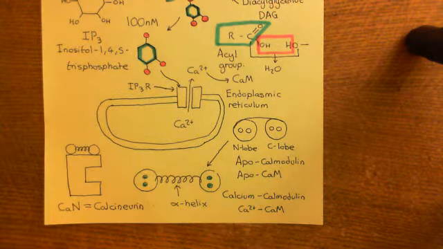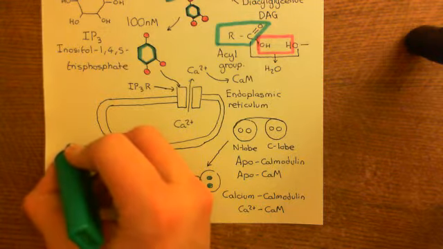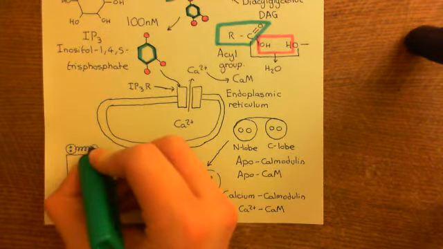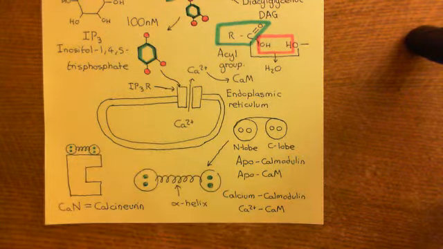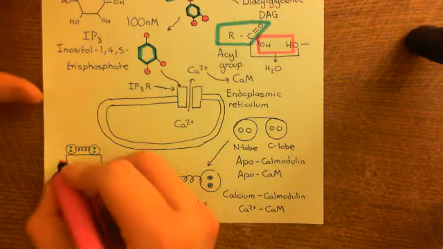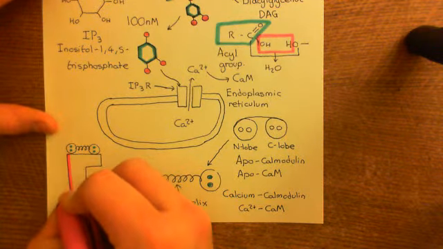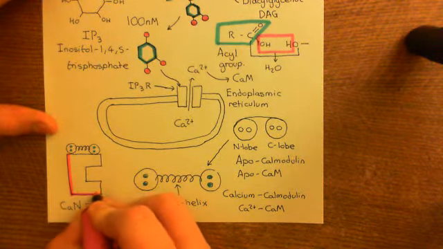There will be two calcium ions bound to each of the calcium binding sites on each of the lobes of calmodulin. So 4 overall. So we'll colour in calcineurin in pink here.